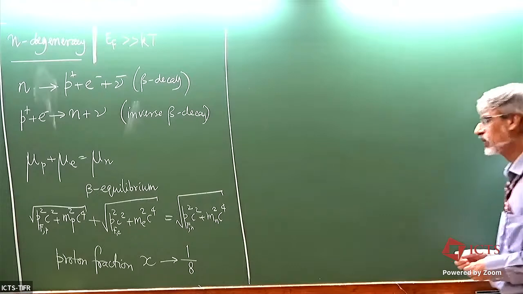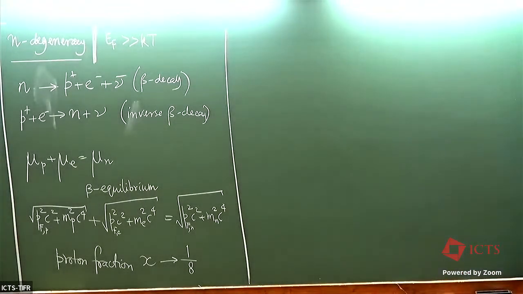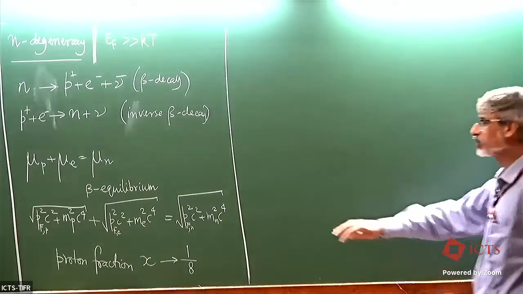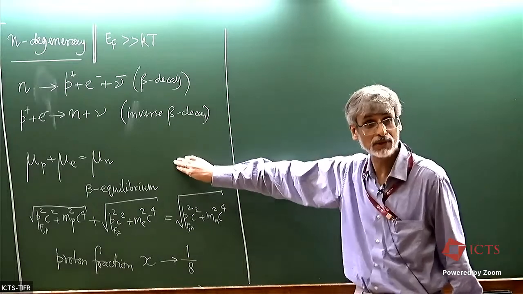To be able to construct the density profile of a neutron star, you would then need to know what is the relation between pressure and density in this material. That is the equation of state of this material.